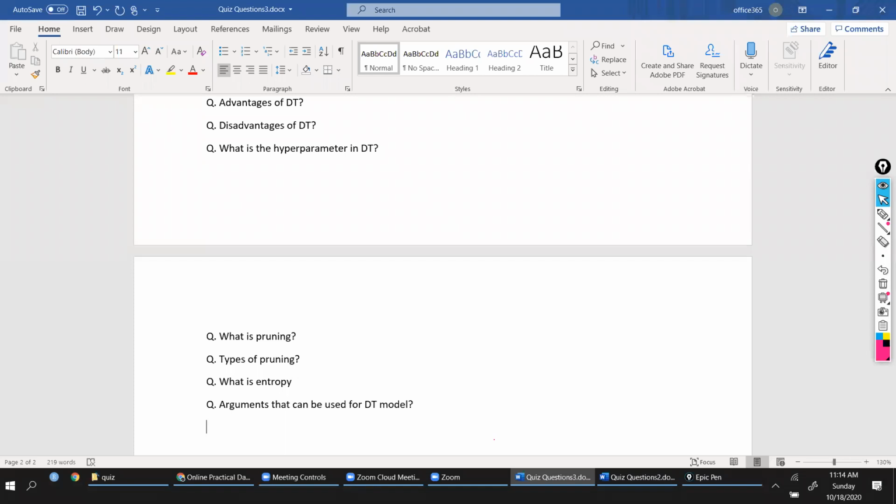What is R package? Do you remember R package for tree development? Very good. Only C50. Do we have any other algorithm or package? Rpart, okay, one of those popularly used.